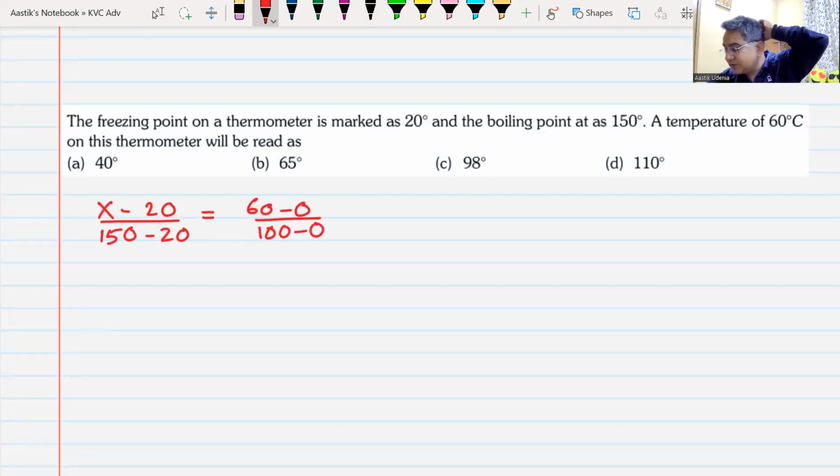From here you can find the value of X. Once you have the value of X, you have your answer. This question could be asked in different ways, but whichever way it is asked, the question remains the same.